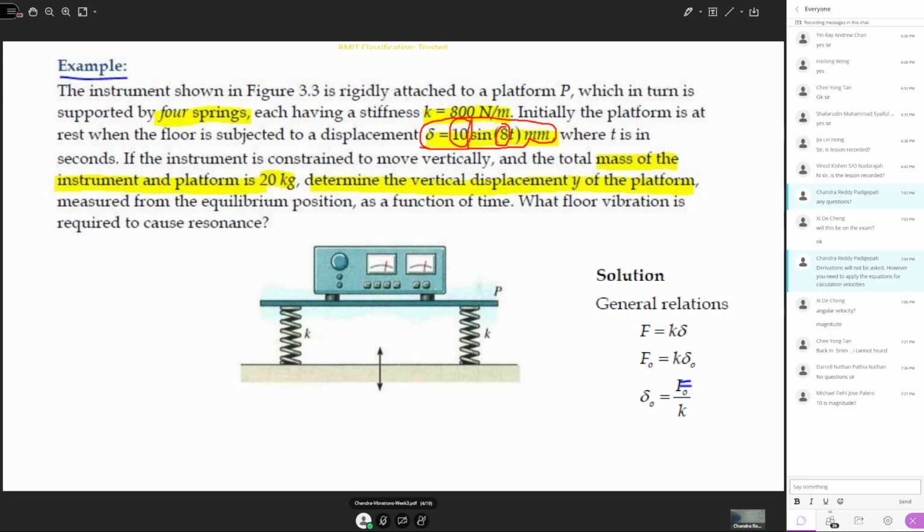What is 8? So 8 is the frequency of the displacement. So 8 is your omega.